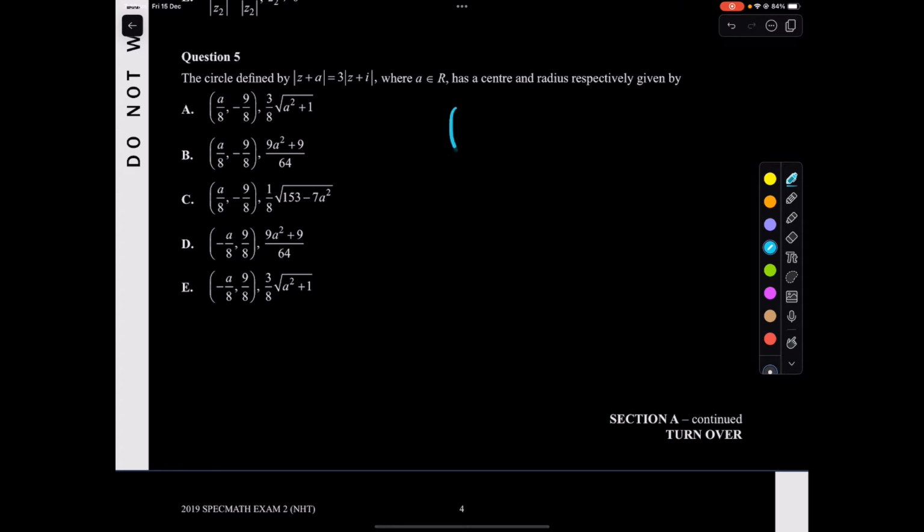We now know that A over 8 and -9/8 is your center, and your radius is 3 square root A squared plus 1 all divided by 8. So let's check. Looks like A is actually right for that one. Is it right? Let's check. The other ones don't look right. Yeah, A looks very good.